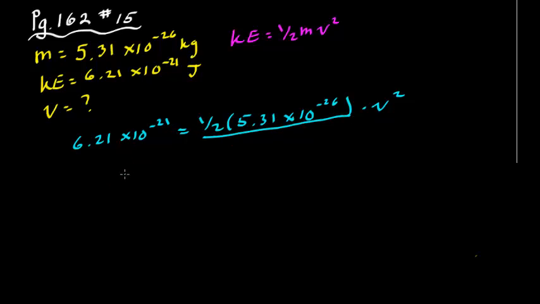we get 233,898. I encourage you to do this yourself. And that equals our velocity squared. So now let's just take the square root of this.